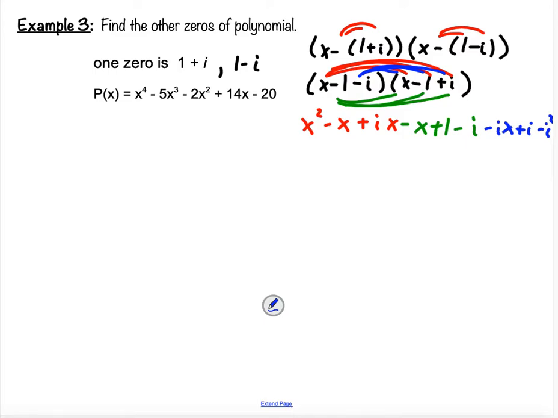So now look to see if anything crosses out. And then don't forget that that i squared over there has a value of a negative 1.